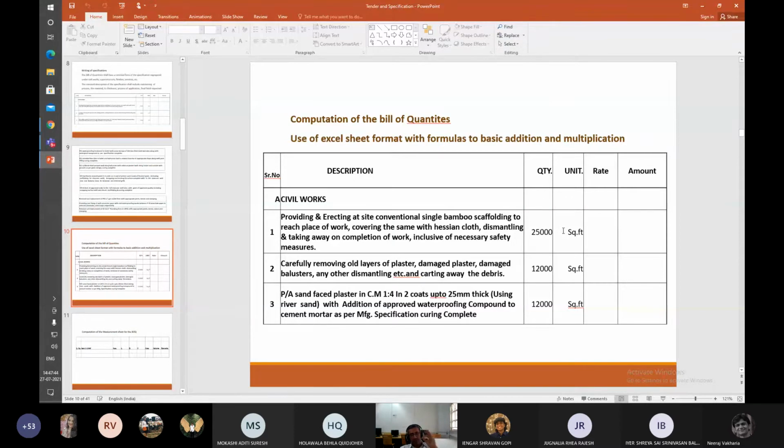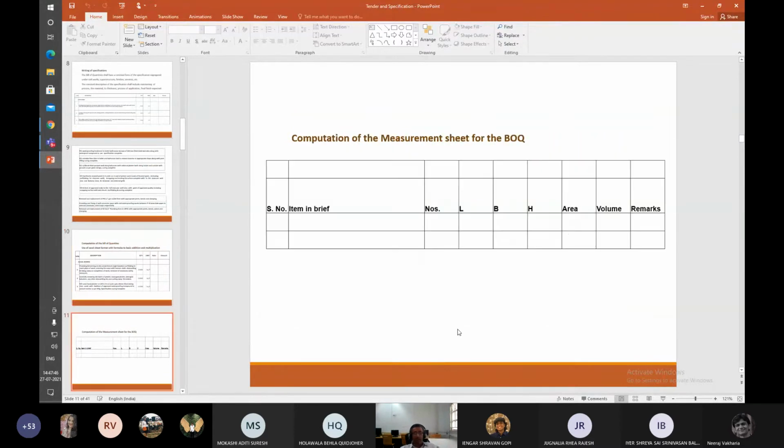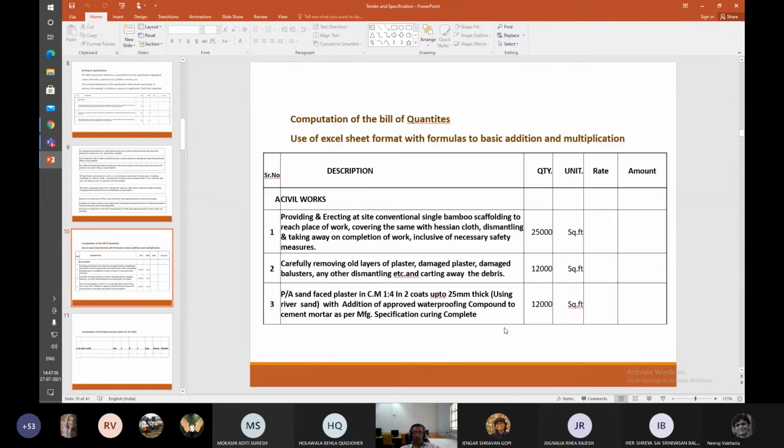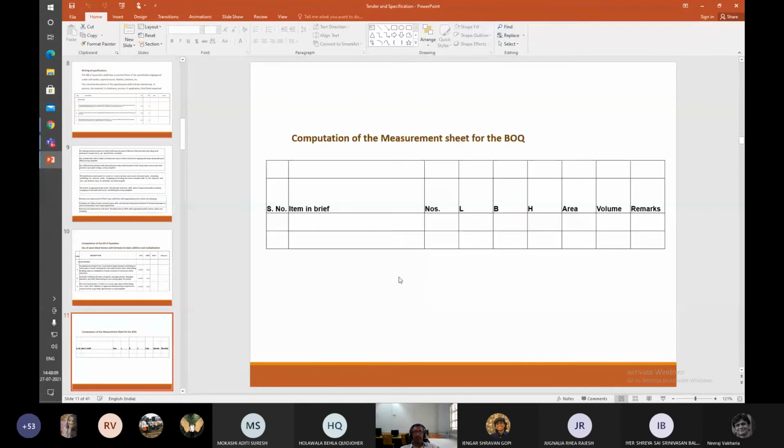That means for every work that is done, you have to go ahead and fill the measurement sheet. Now, if the contractor bills you not for 12,000 or 25,000 square feet of an area, but for 30,000 square feet, all you need to do is cross check his measurement sheet with your measurement sheet to know where things have gone wrong.